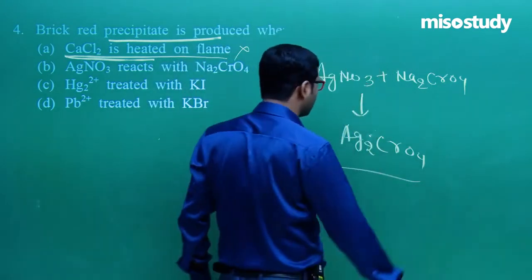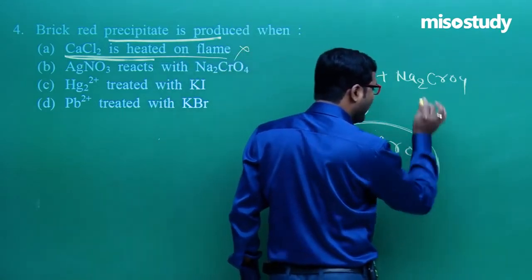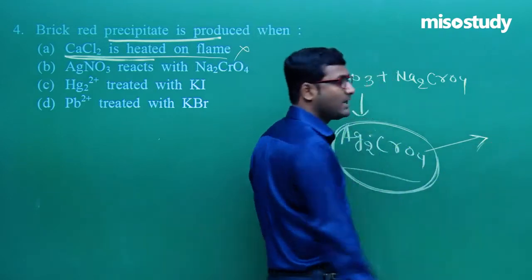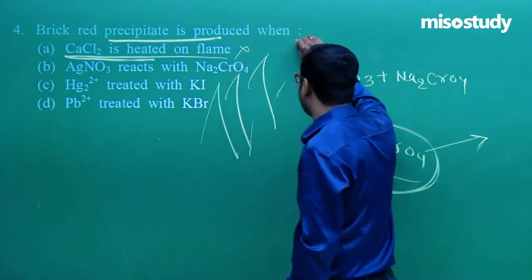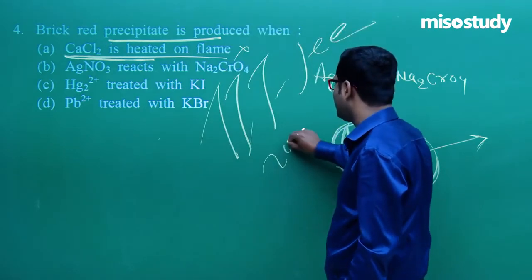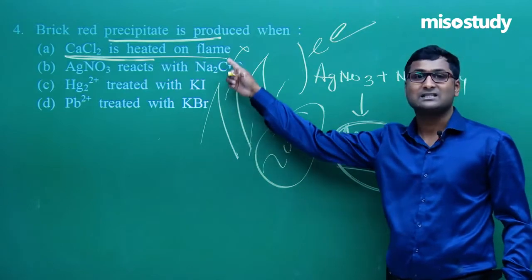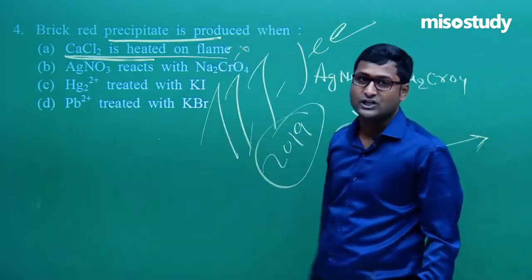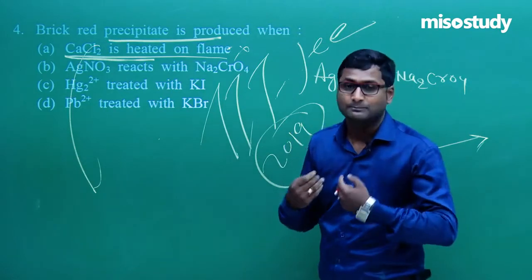So for this question, Ag2CrO4. Again I am repeating, why am I repeating? Don't get confused. This is one of the best questions from my side, IIT JEE 2019, because these are slightly confusing. This is the flame test, where Ca2+ gives a brick red color.